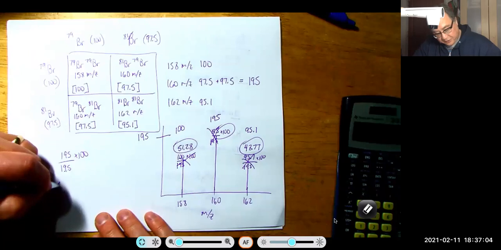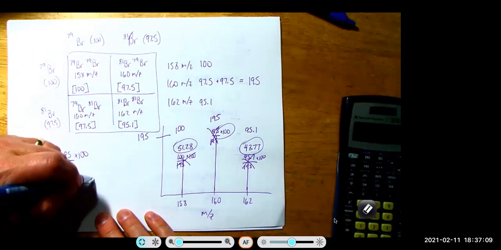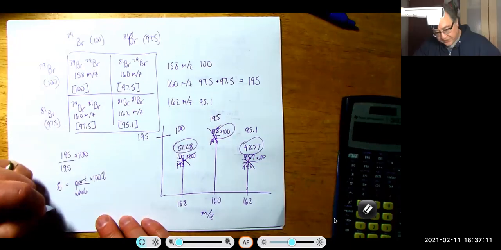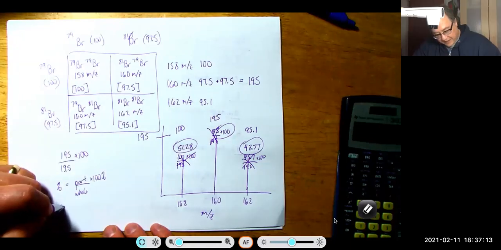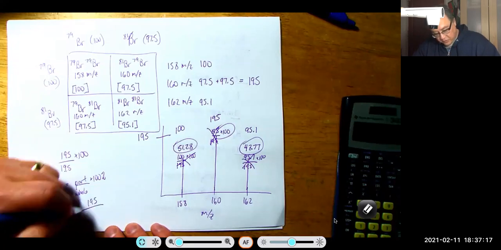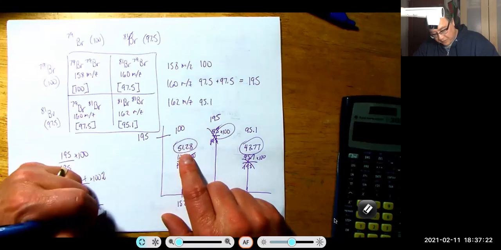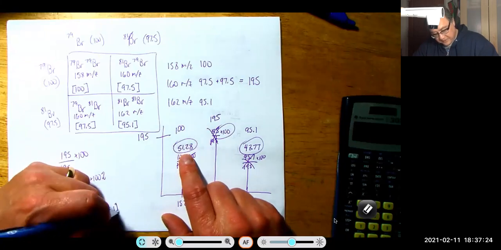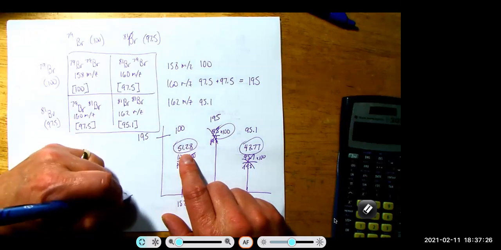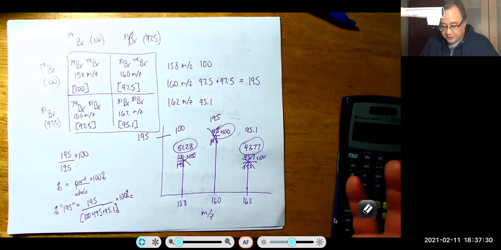Percentage is part over whole times 100%. So if we want the percentage for the 195, that would be 195 over 100 plus 195 plus 95.1, times 100. Okay. So the whole means all of them, and the part means the one you're interested in.